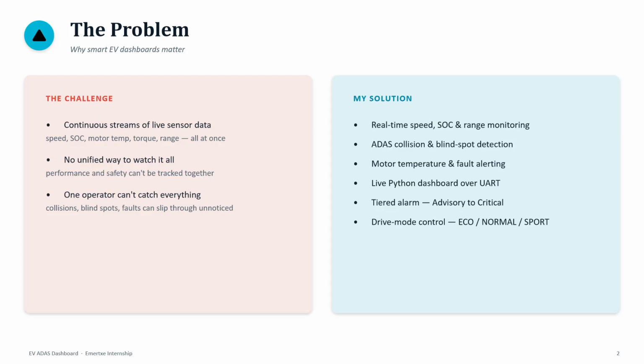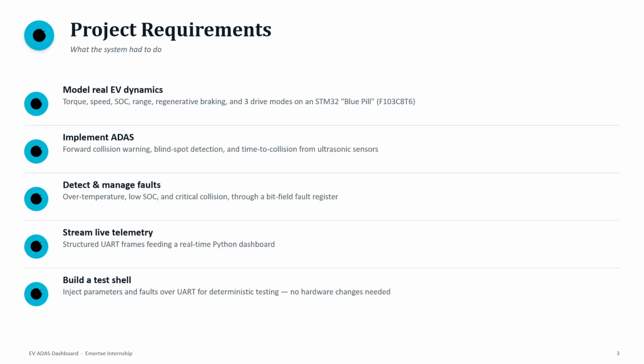It also has a tiered alarm system, which ranges from advisory to critical, and various drive mode controls for eco, normal, and sport. The project requirements were to model real EV dynamics such as torque, speed, SOC, range, etc., using the STM32 Blue Pill, and also to implement ADAS, which took care of forward collision warnings, blind spot detection, and measuring time to collision using ultrasonic sensors.